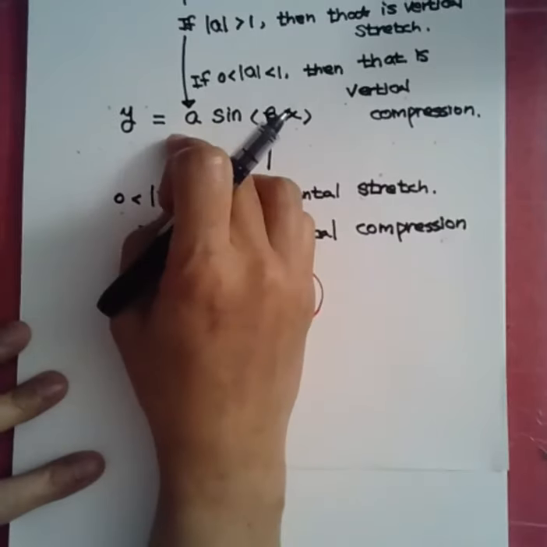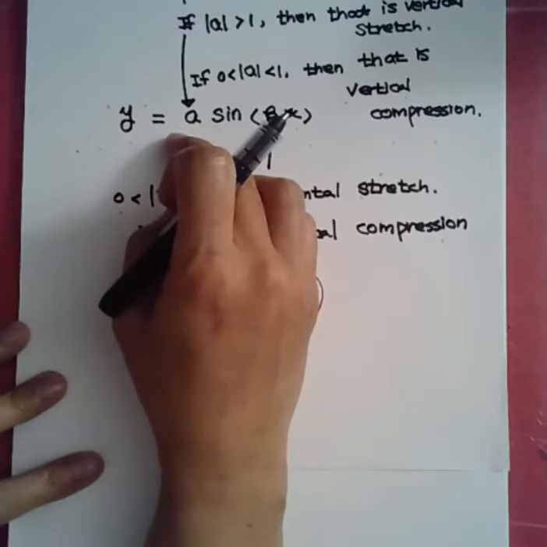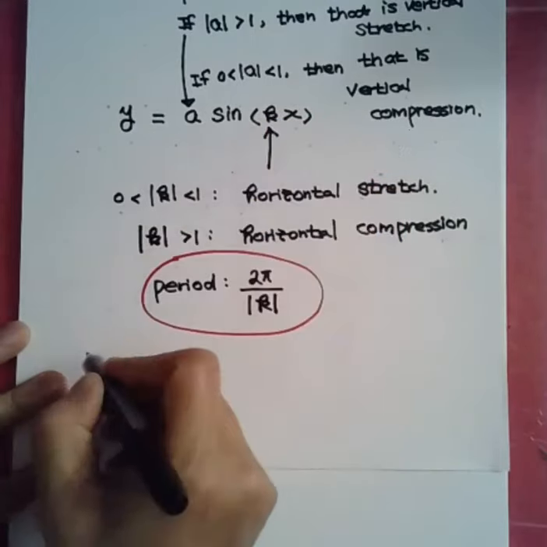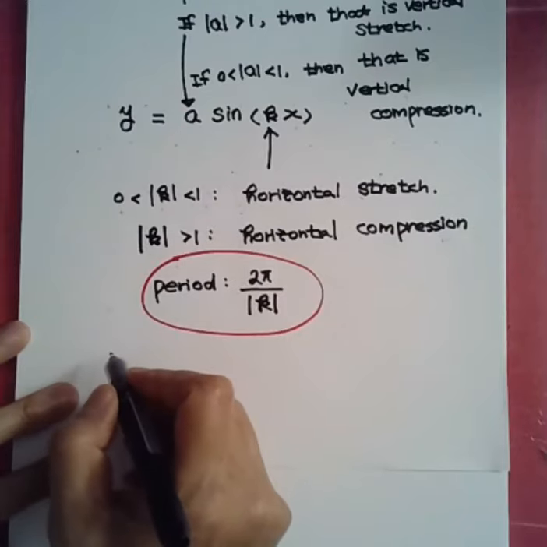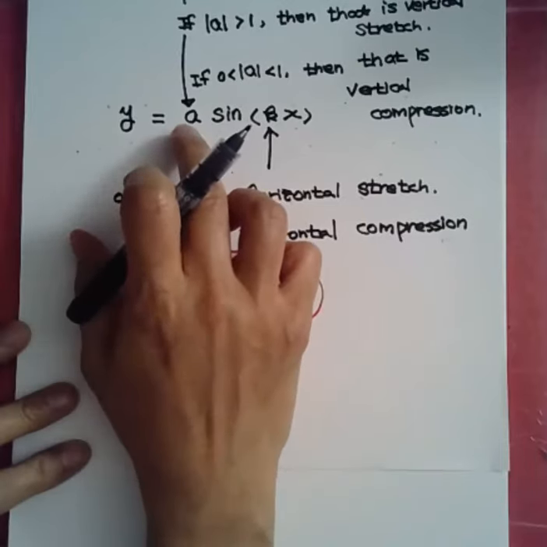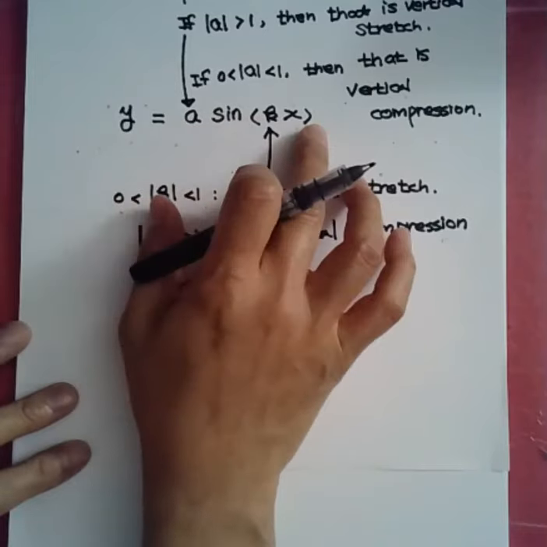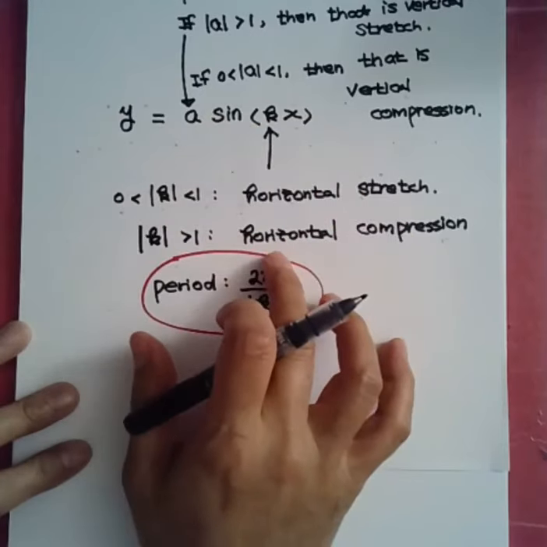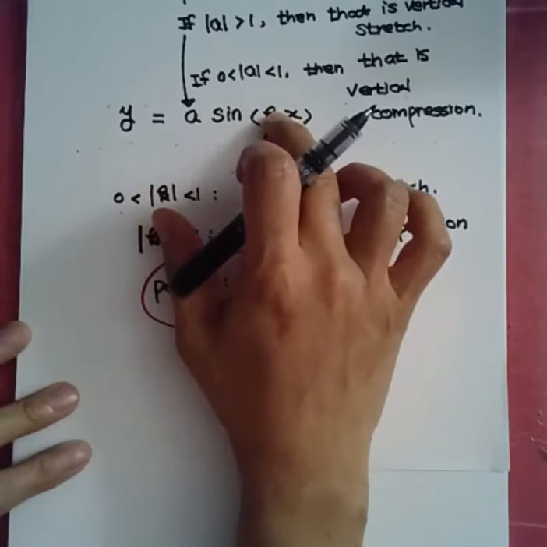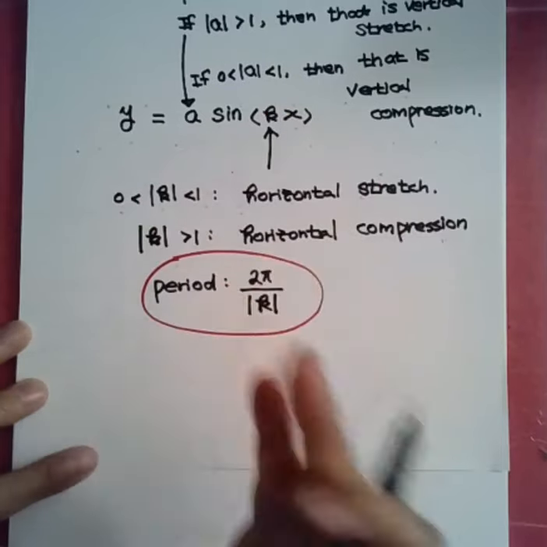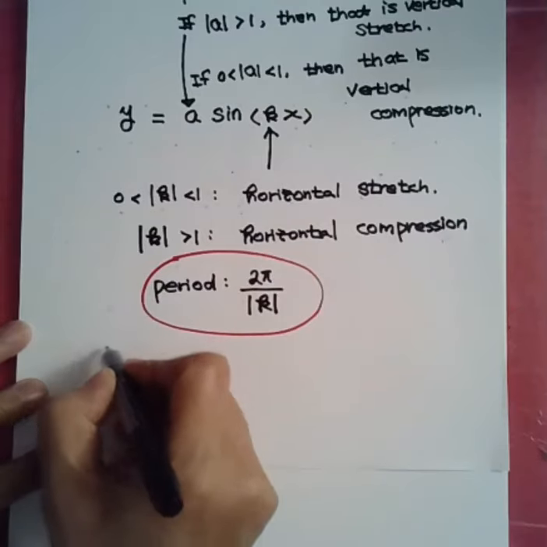Depending on whether a is positive or negative and k is negative or positive, it determines whether that is reflected along the x-axis or y-axis. If we multiply by a negative number to the entire function, then the y value will change its sign, meaning what was a positive value will be flipped to a negative value, and it is flipped along the x-axis.